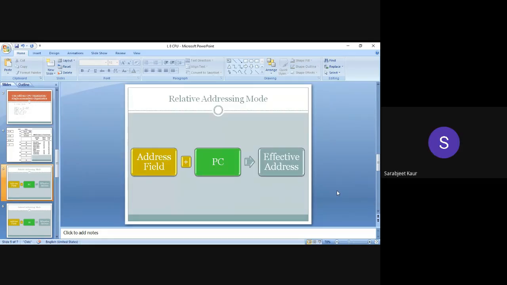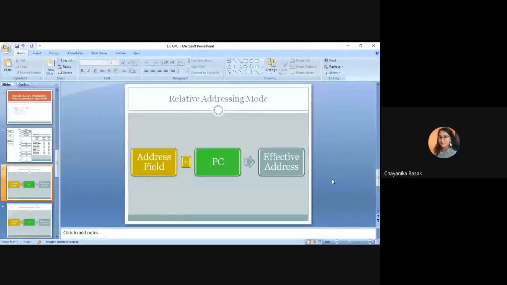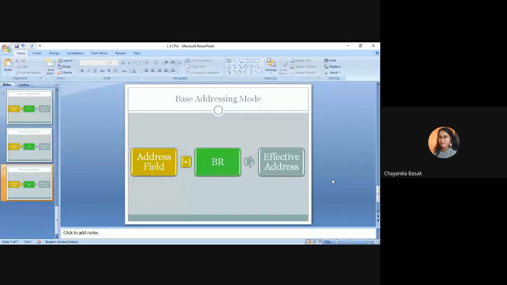Didn't you see what slide is visible to you now? Ma'am, the fifth slide is visible right now. You saw all these slides now? No, ma'am, not earlier. Now that you're scrolling, I can see. Only the fourth was visible.